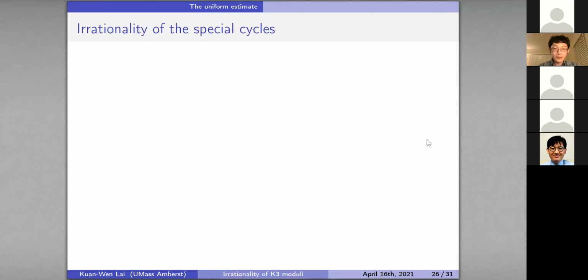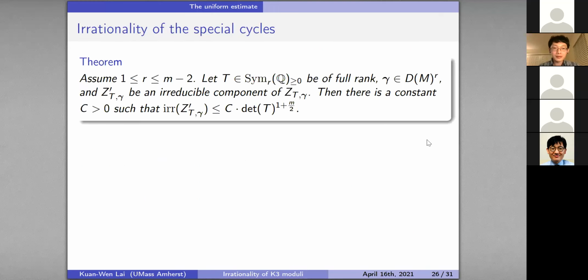And next, about the irrationality of these special cycles. Suppose R is an integer from 1 to n minus 2. Now let's choose T, a symmetric matrix of size R in rational numbers, which is semi-positive definite. Suppose it's full rank for simplicity. And also choose an R-tuple γ of elements in the discriminant group.